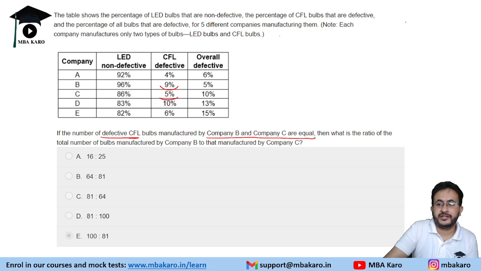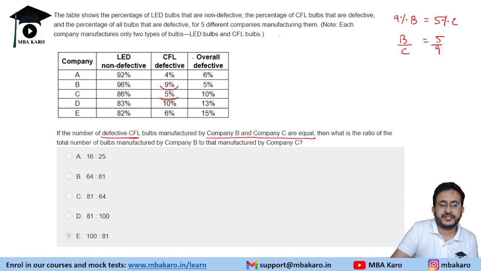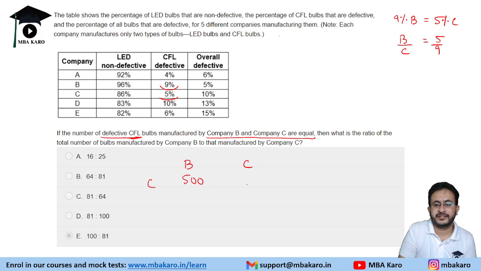So, 9% of B is equal to 5% of C. So, B ratio C is equal to 5 by 9. Okay, so let us say the CFL bulbs are, it is saying CFL bulbs, right? So let us say in B and C, CFL is 500 and 900.